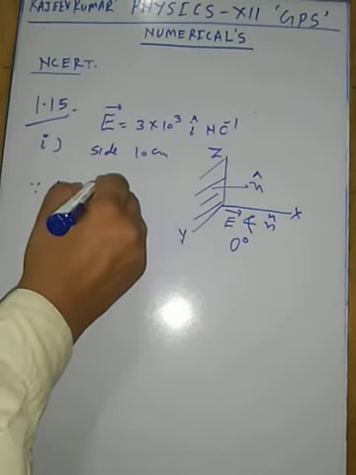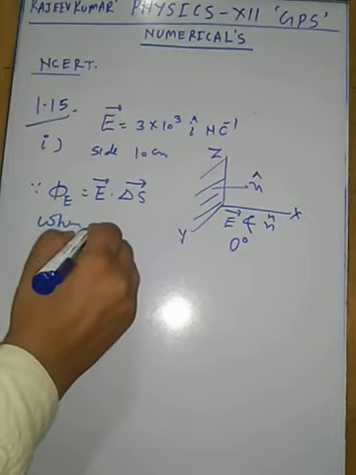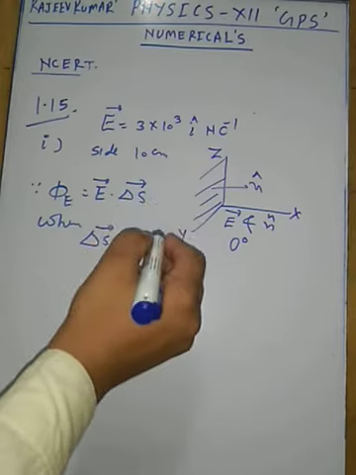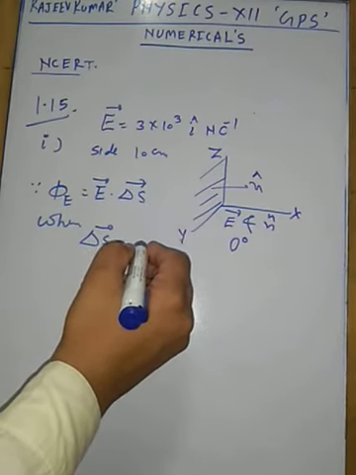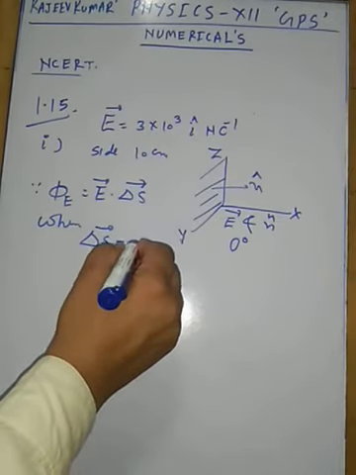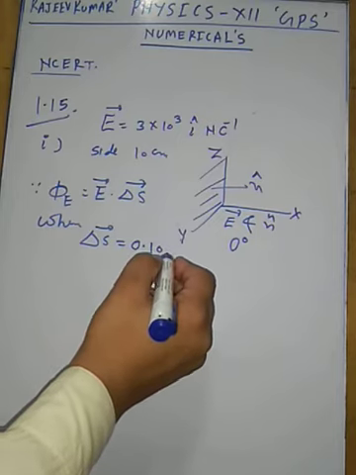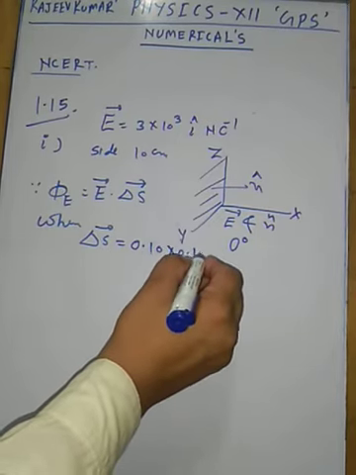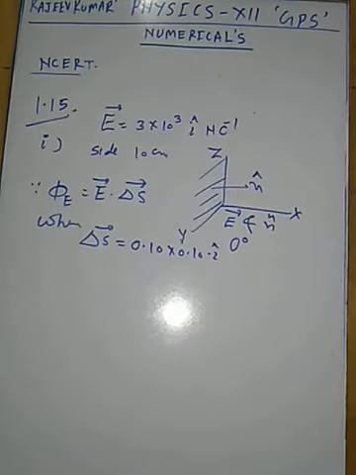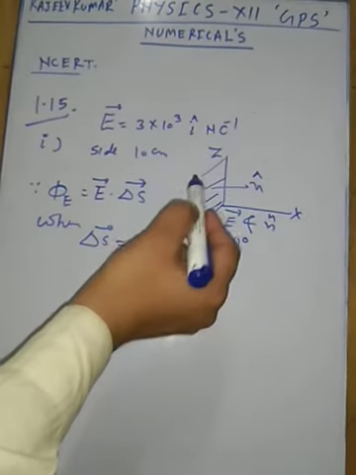Phi E according to the definition is E dot delta S, where E is given, and delta S may also be written as follows. 10 centimeter is the side of the square, so it will be 0.10 multiplied by 0.10, into the i unit vector, which gives the direction of the area, normal to the surface of the square.